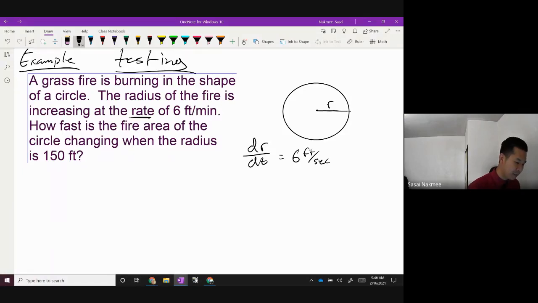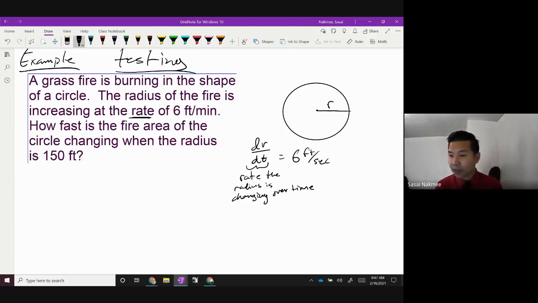That dr/dt is the rate at which the radius is changing over time. I'll put this in my notes.